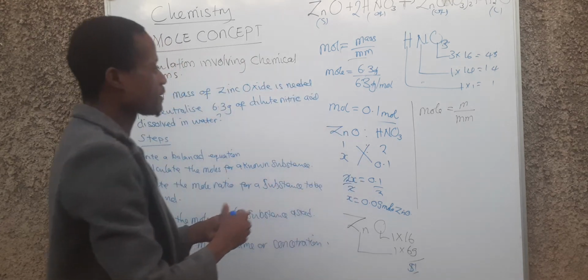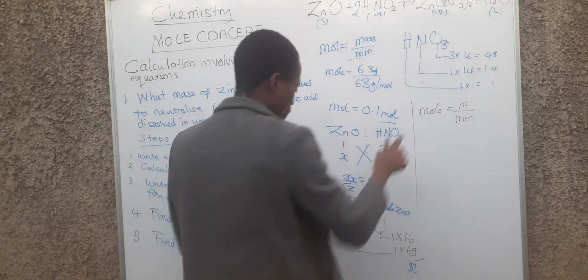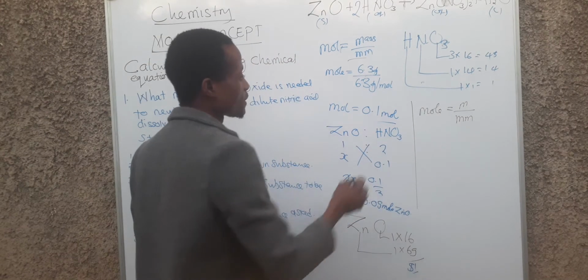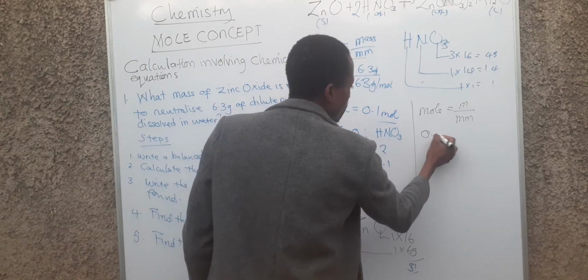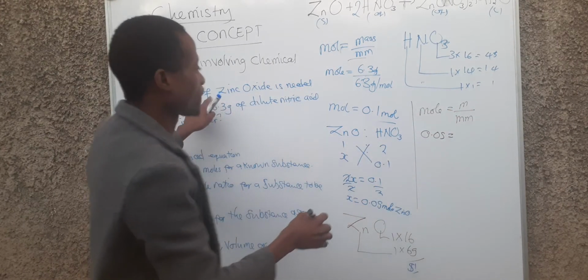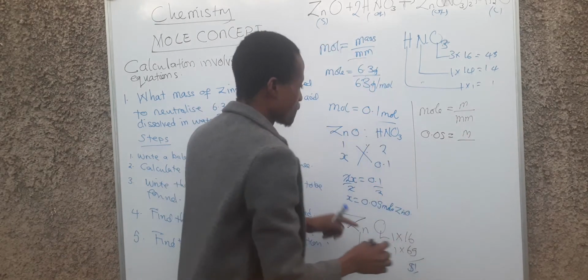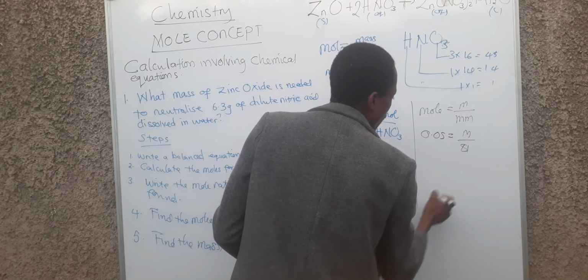So to find the mass of zinc oxide, we say number of moles for zinc oxide, which is 0.05, is equal to mass, the one we want, over the molecular mass, which is 81.